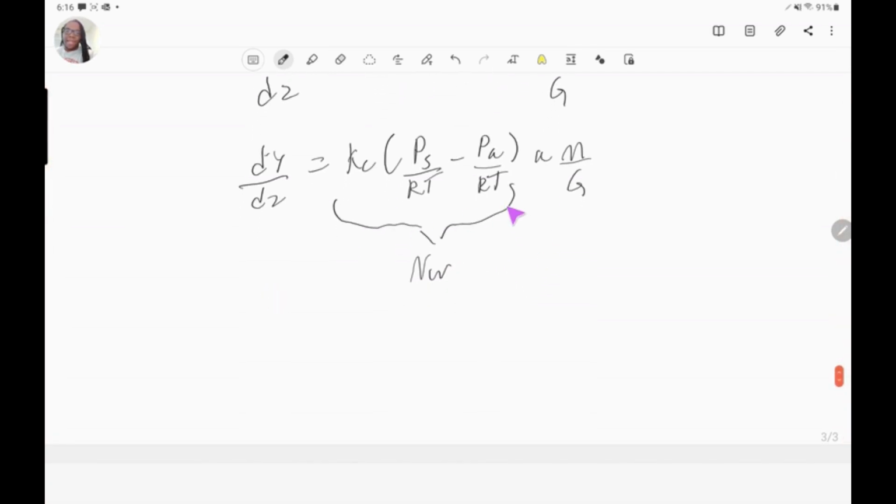So we can simplify that out to equal dy/dz equals our mole flux times a m g. All right, and then we'll move on to our next equation.